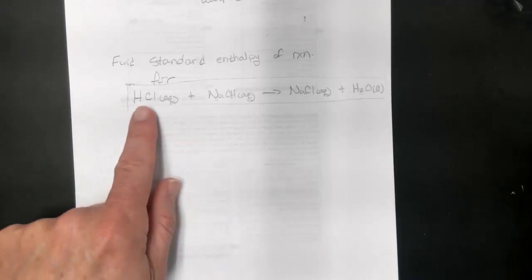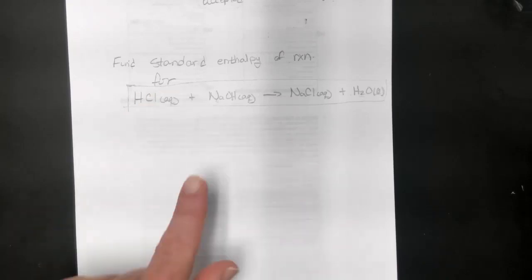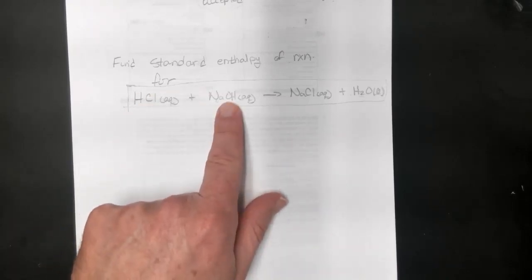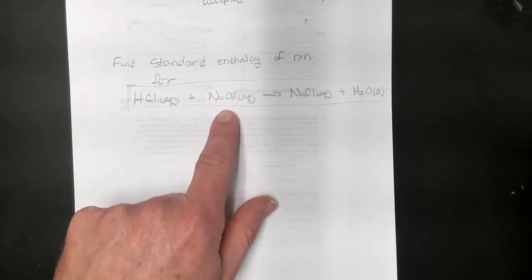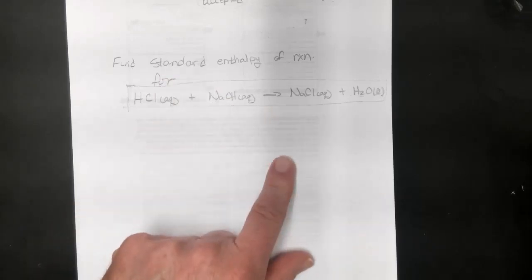Again, what you find in your textbook will be based on 1 mole of each one of these. And we didn't use 1 mole of HCl aqueous. You have to find out how many moles we did use and make the adjustment accordingly. How many moles of sodium hydroxide did we use? How many moles of sodium chloride were produced? How many moles of water? Because we're not going to use 1 mole.